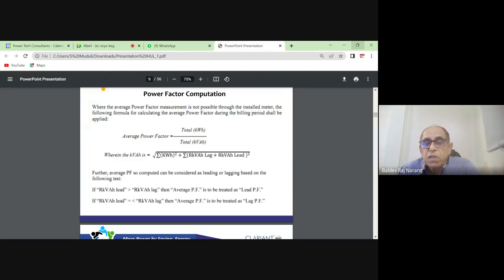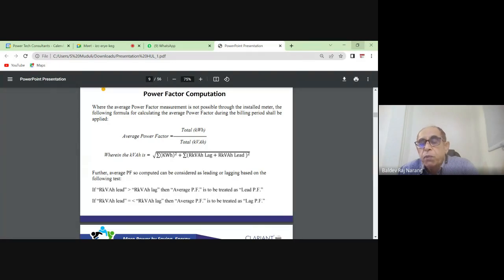Everything was revamped. People were getting 7% incentives earlier. Everybody was getting almost 7% incentive because nobody wanted to lose the benefit of the power factor incentive. So they were overcompensating. They did not want to take a chance.